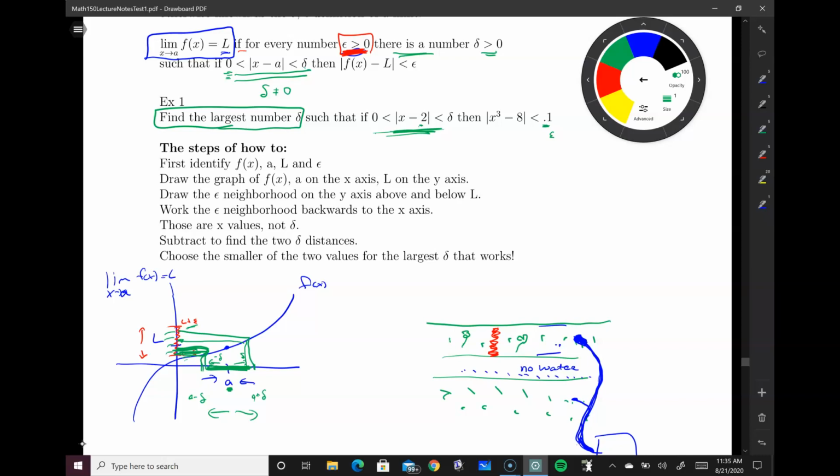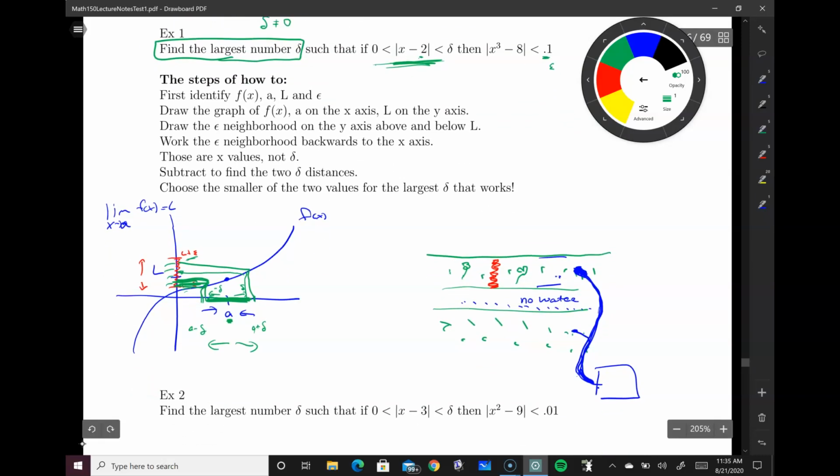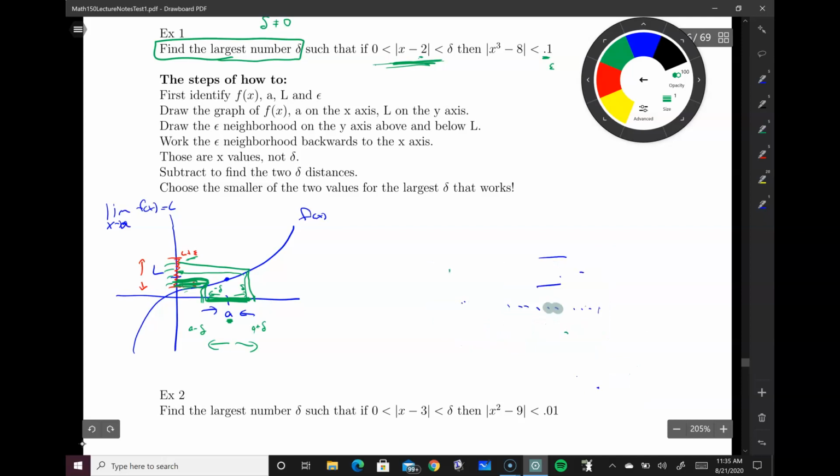All right, so let's dig into this example. Let me erase this because we don't need it anymore. Let me keep the picture from before, and let's put our numbers in. First we need to decode what we're being given. You really do have to be familiar with the definition.